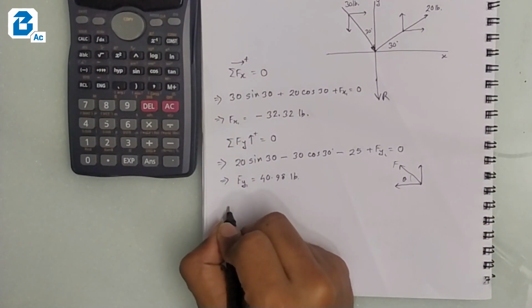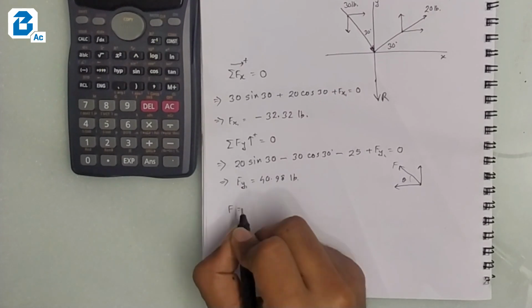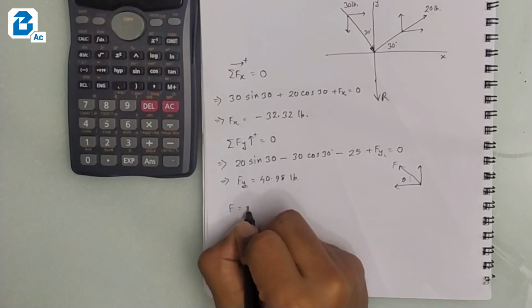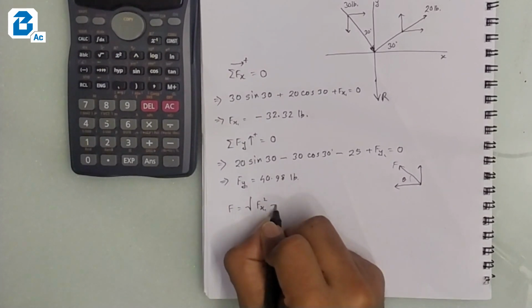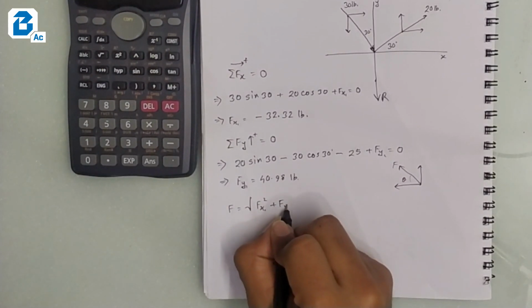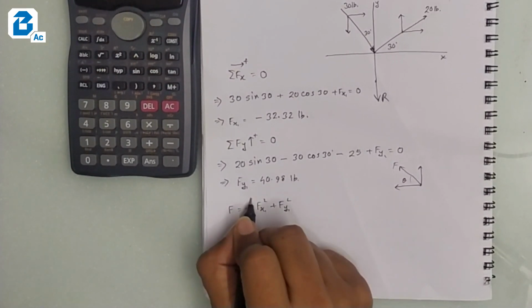Here F equals root over F of x1 square plus F of y1 square.